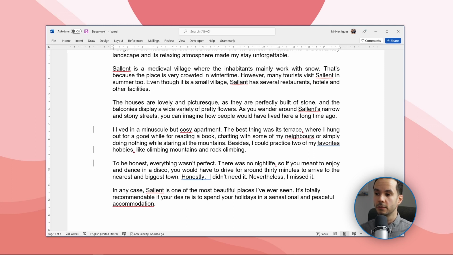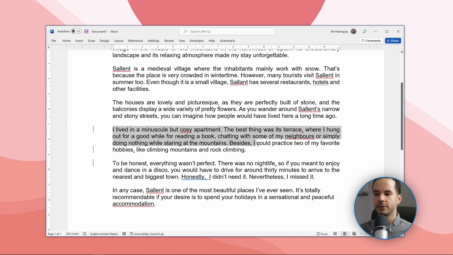Besides, I could practice 2 of my favorite hobbies, like climbing mountains and rock climbing. I've already added the comma here, but I need to change favorite. And as you can see, Word already indicated that this is incorrect. So I need to change it into 2 of my favourite hobbies, like climbing mountains and rock climbing.